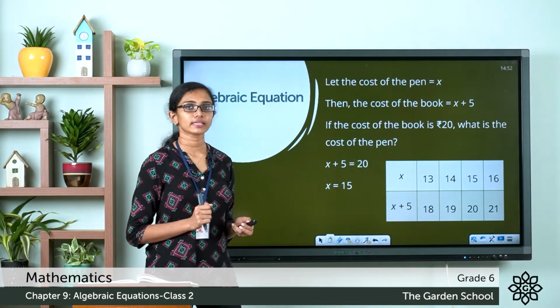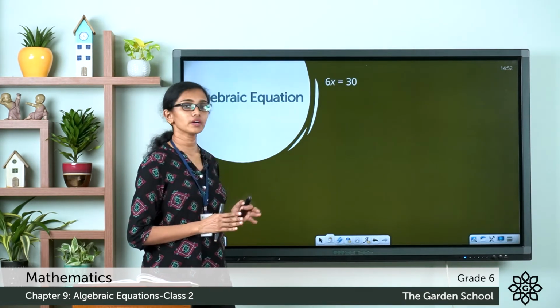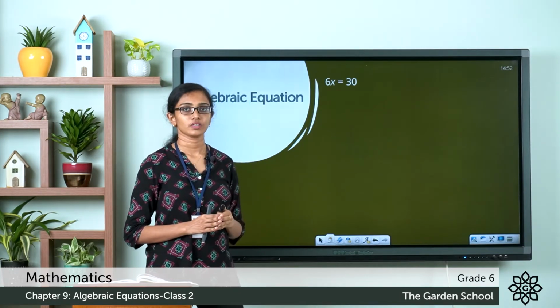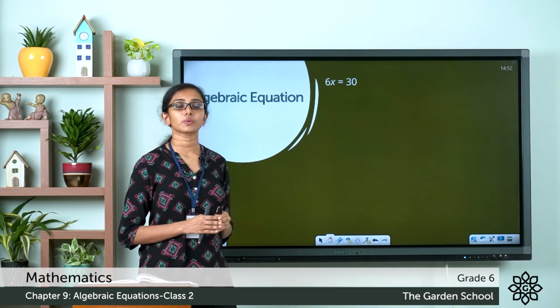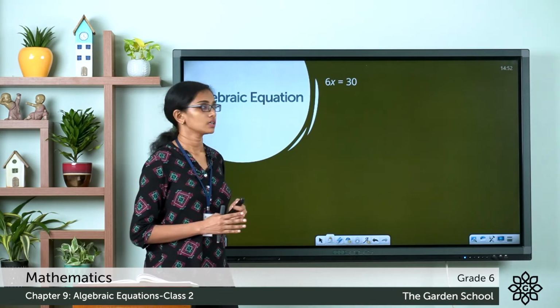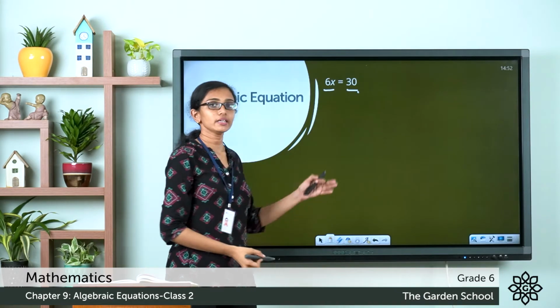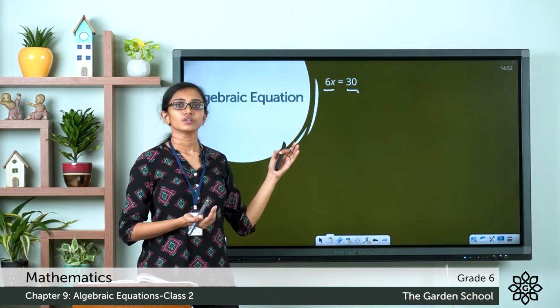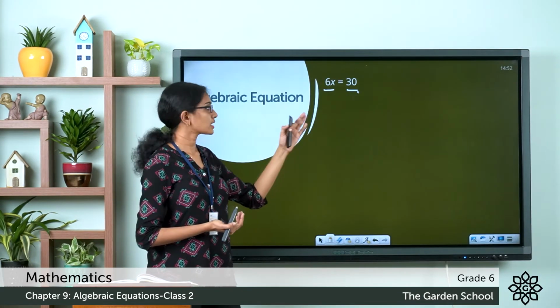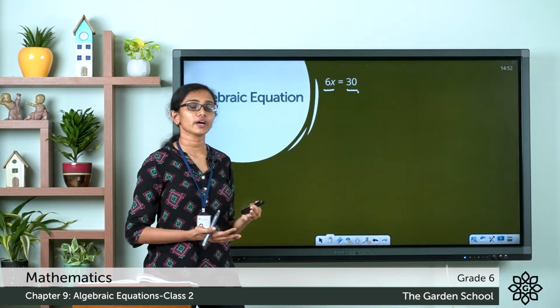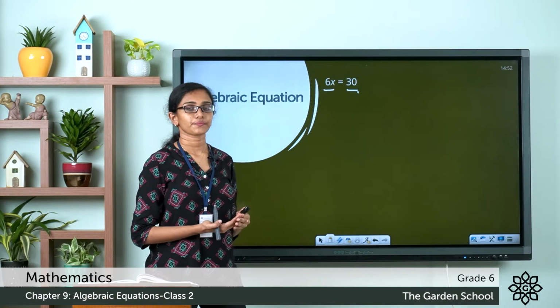Now let's see one more example. Here there is another equation, 6x is equal to 30. So this is also an equation in the variable x. The expression 6x is equated to the value 30 with an equal to sign. So this is an algebraic equation in the variable x. Now how do you solve for x, or how do you find the value of x?